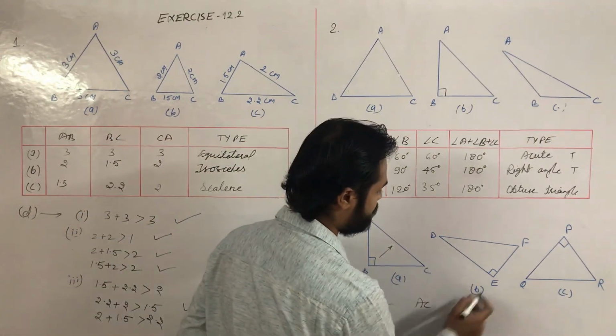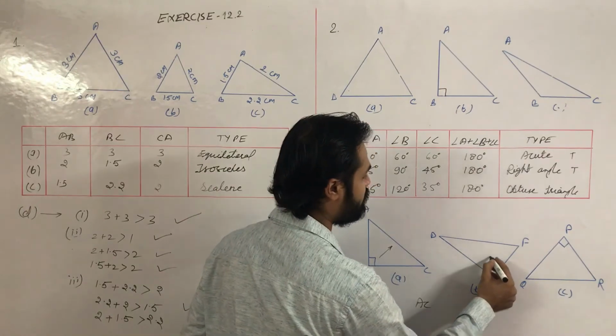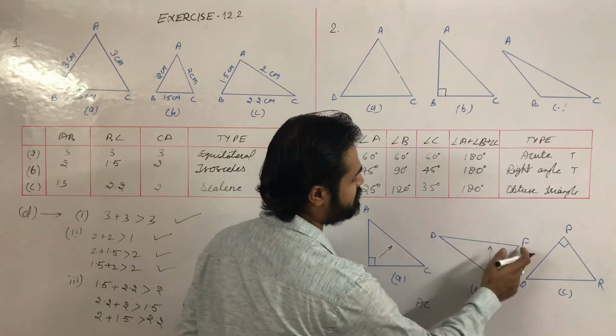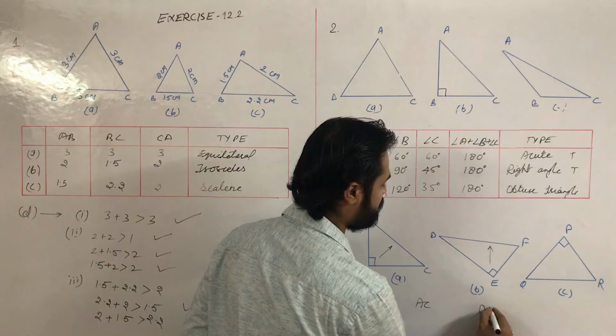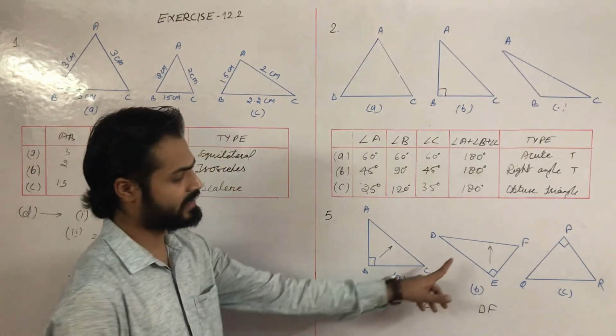In the second case, this is the symbol of a right angle. So the side opposite to the right angle, DF, is the hypotenuse of the second triangle.